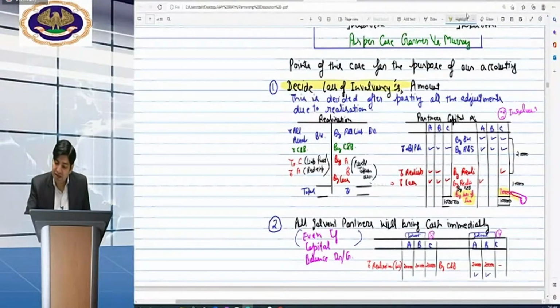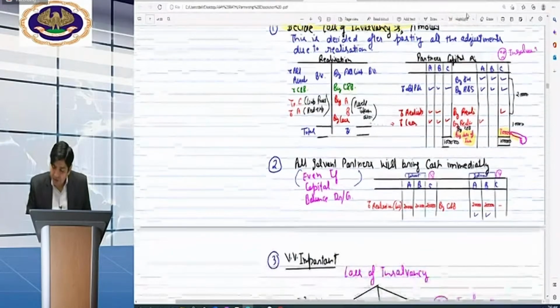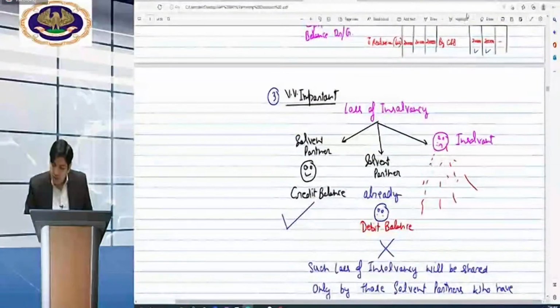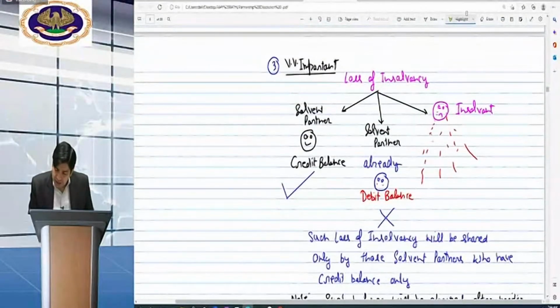And after that, we have to decide the ratio. But before that, as per the court decision, all the solvent partners, whether they have a debit or credit balance, will bring the cash. And after that, in the last, the loss of insolvency will be shared only and only by solvent partners which have a credit balance.